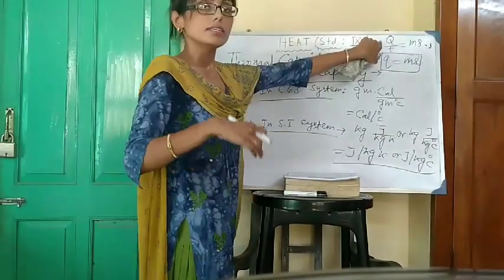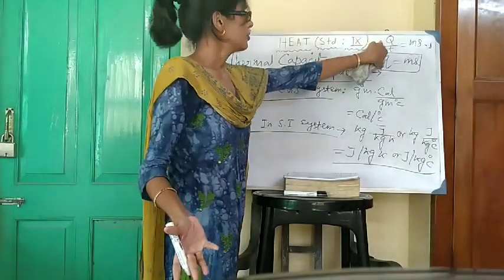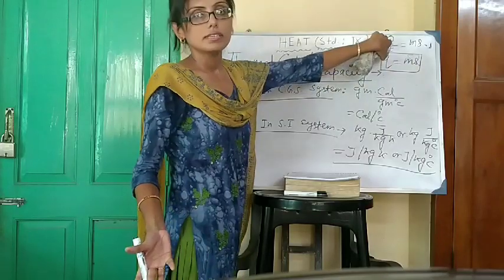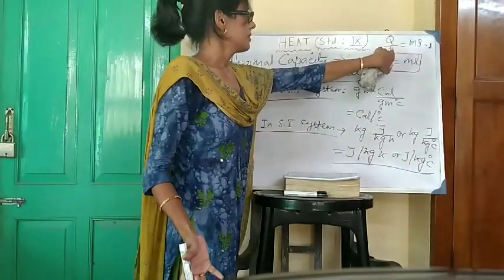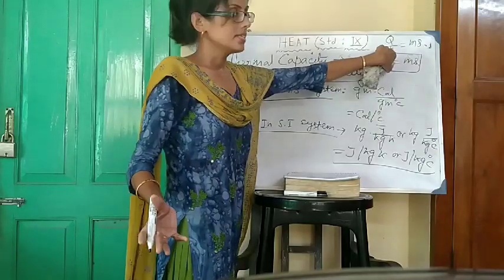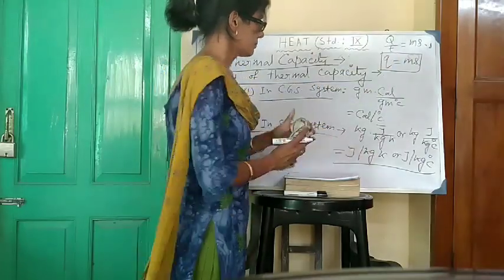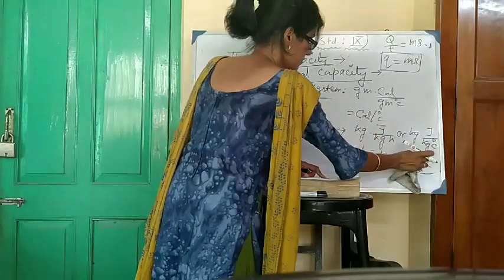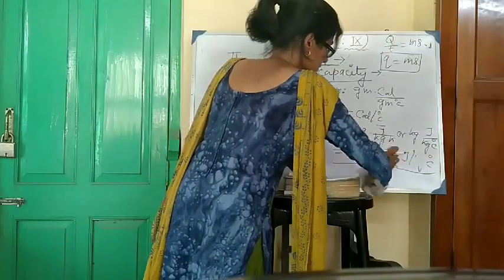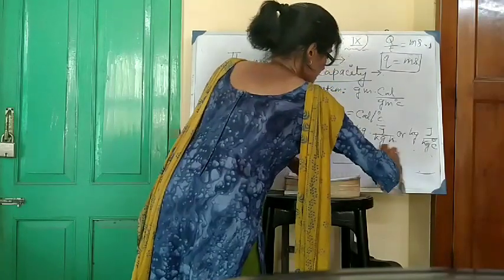Follow this formula, same unit you can get, because Q by T, Q is the total amount of heat, so unit is joule, divided by T, the temperature difference. So it will be joule per Kelvin, joule per degree centigrade. The kg is cancelled out.